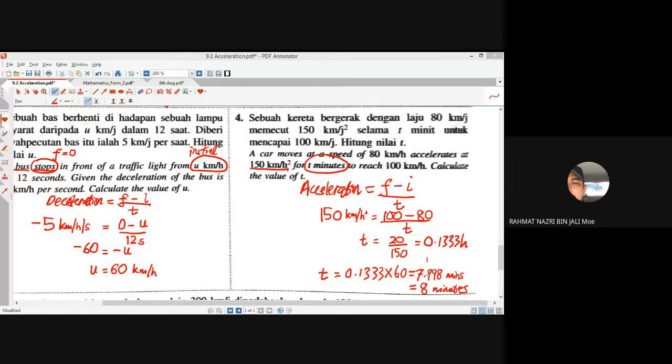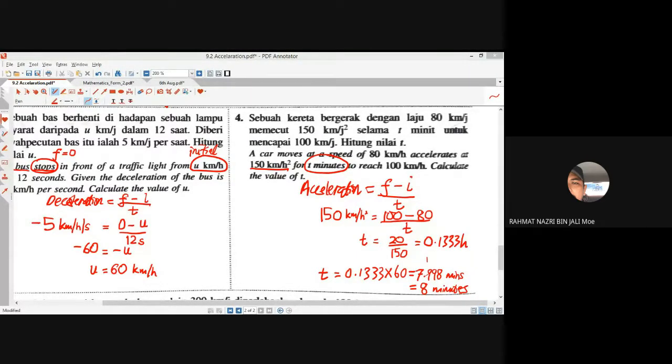Last question. Pukul 5 kita habis, jalan yang last question habis lah. Minute, not second. No need to convert to second. Stay a minute, Gloria. So T is equal to 8. Number 3.